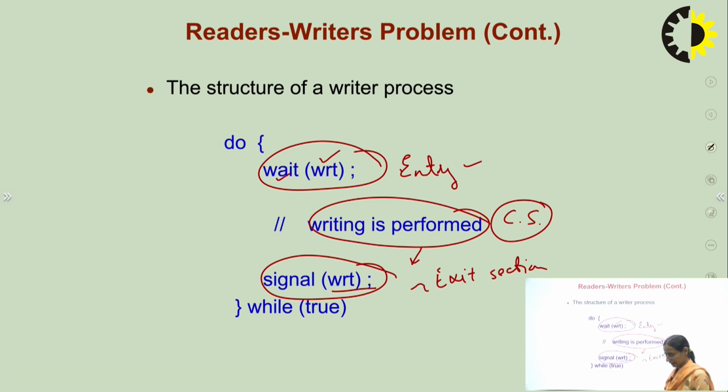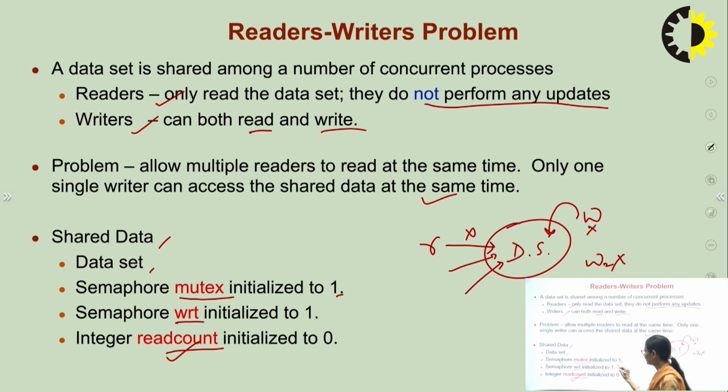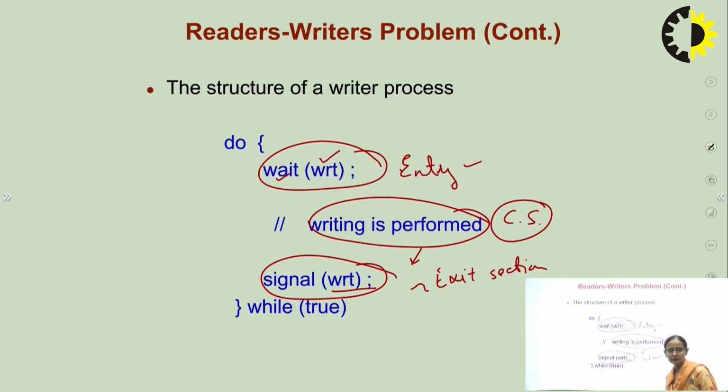Initially, as we have seen, WRT is initialized to 1. So if the scheduler selects the writer process first, it will execute this, the WRT value becomes 0, and it will move to its critical section. Now, if another writer process wants to access the data set, it will be denied access, because the WRT value is now 0.